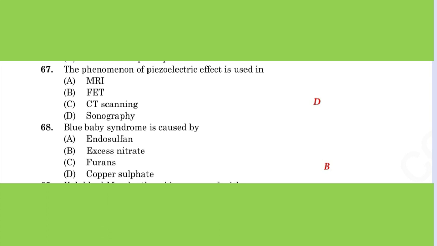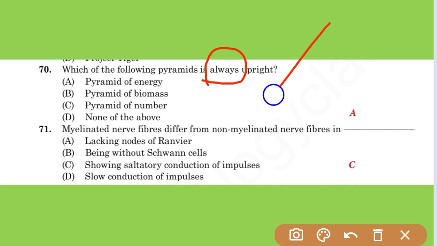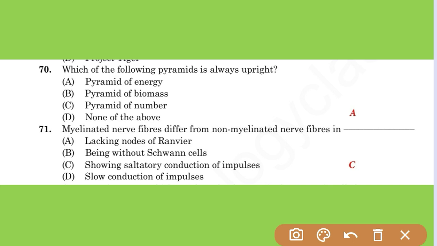Then the next question, which of the following pyramids is always upright? Read this question carefully. The options are pyramid of energy, pyramid of biomass, pyramid of number, and none of the above. We know that there are three types of ecological pyramids: pyramid of numbers, biomass, and energy.